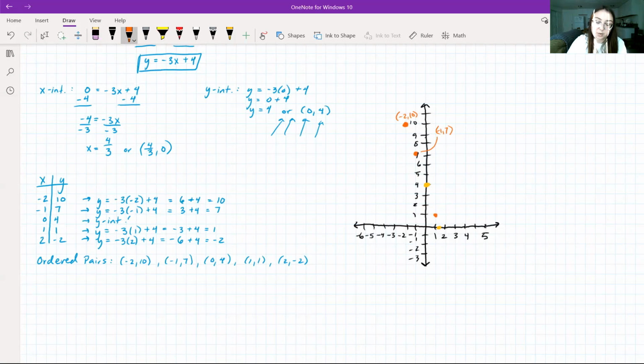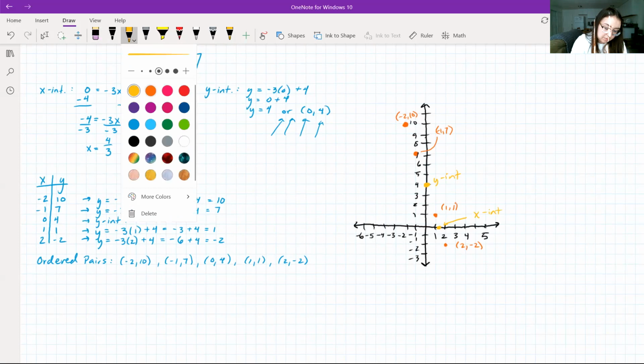And that will be -2 on the y-axis. Oh, forgot to label this one. This was 1, 1. And this one's going to be 2, -2. And can't forget to label these, the y-intercept and the x-intercept.